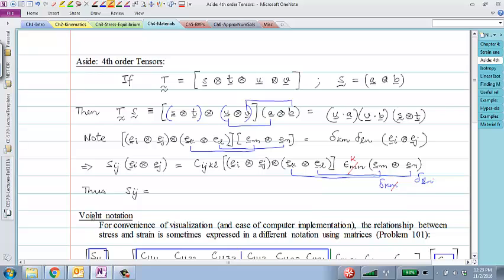I'll contract out this n with this n and replace it with l, and that gives me sigma ij is Cijkl times epsilon kl. So this is just a verification that the stress and strain relationship that we had on the previous page is indeed given by a linear relationship, but with lots of constants, 21 constants for now.